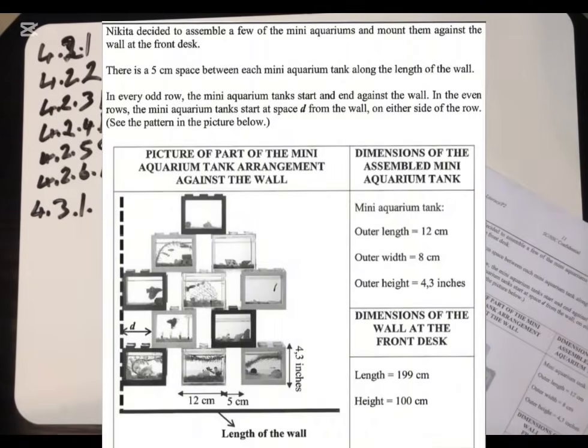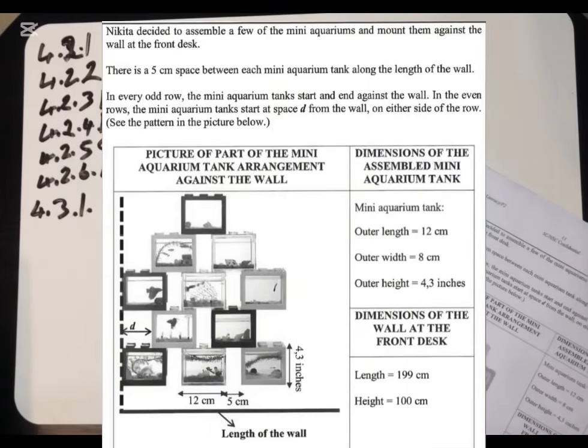In every odd row, the mini aquarium tanks start and end against the wall. In the even row, the mini aquarium tanks start at space D from the wall on either side of the row. See the pattern in the picture below. You can see the way you have arranged them.